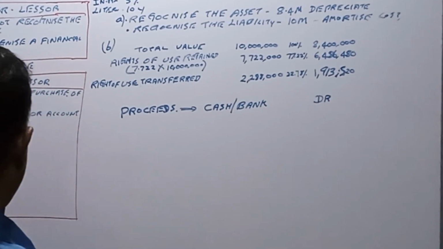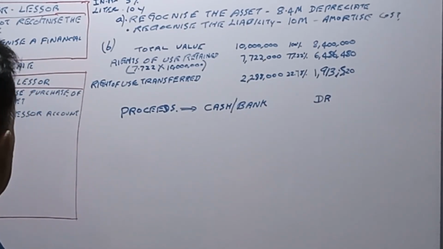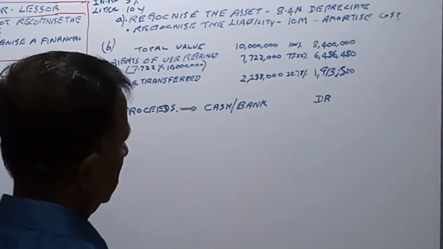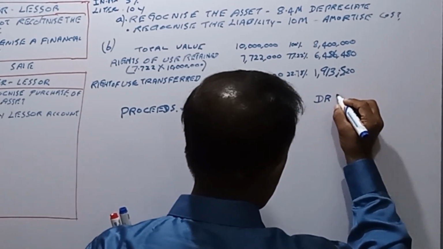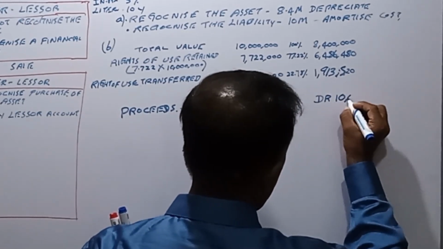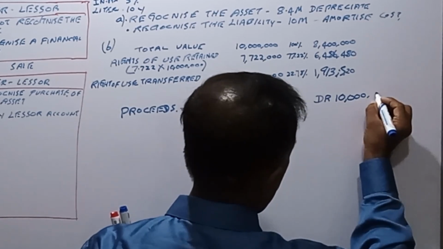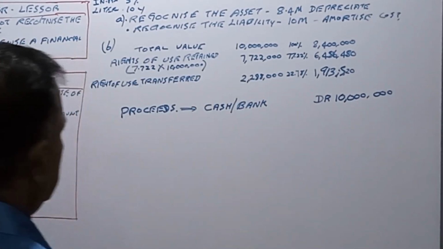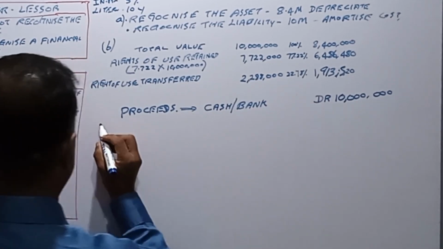How much we have to recognize? 10 million. Recognize the proceeds, and de-recognize the asset.